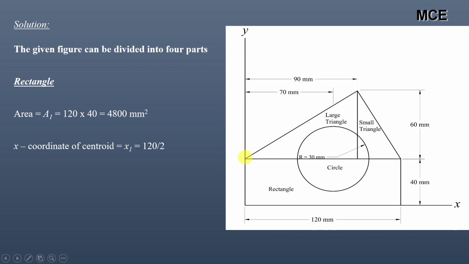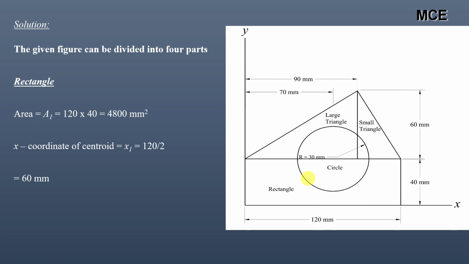Because one edge of the rectangle is coinciding with the y axis, the x coordinate of the centroid of this rectangle will be half of this 120. It will be located somewhere here, that is 60 mm from the y axis.